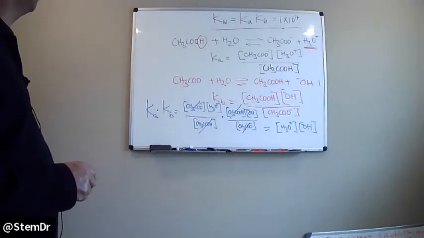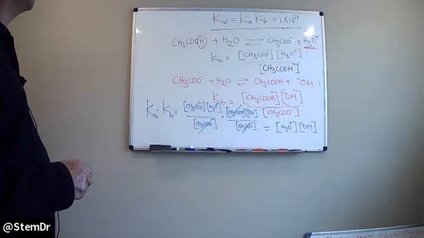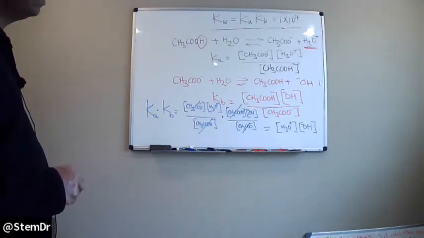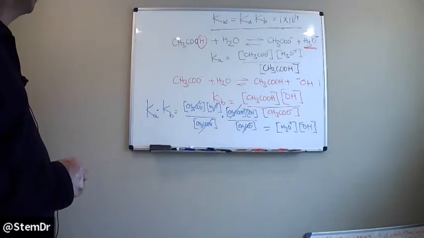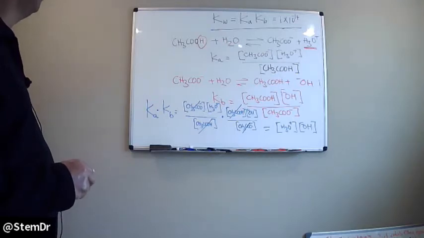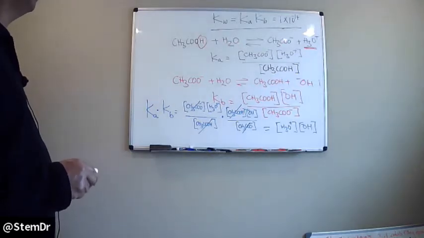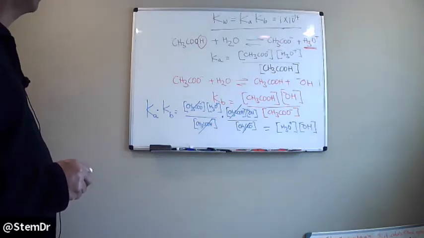Let's do an example, taking a weak acid called acetic acid. Acetic acid is a weak acid with one proton. In aqueous medium, it would donate its proton, and the acetate conjugate base and the hydronium ion are the products. But as I already said, this is a very weak acid.